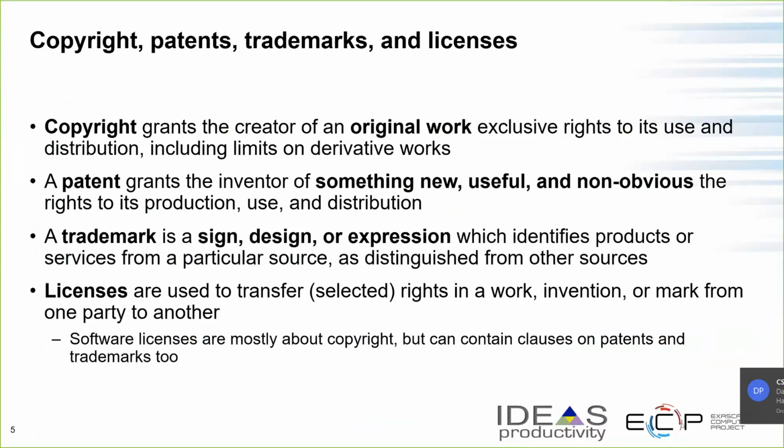Copyright grants the creator of an original work exclusive rights to its use and distribution, including limits on derived works from the original. A patent grants the inventor of some new or useful and non-obvious idea the rights to its production, use, and distribution. And a trademark is a sign or a design or a word or phrase that identifies a product or a service.